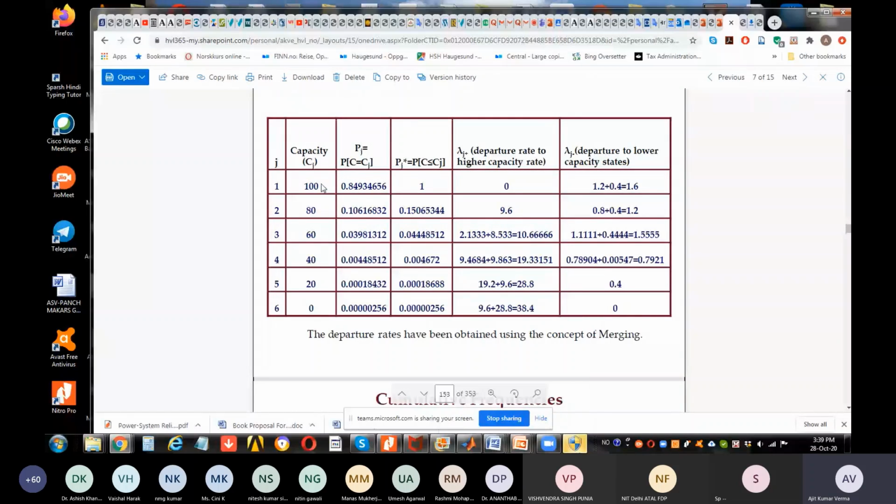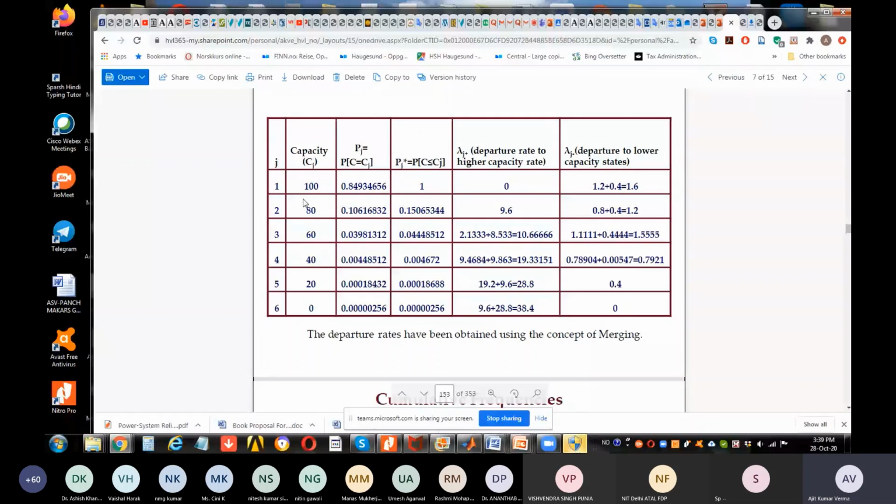And then to a lower state, that's 80. So 100 to 80, departure to a lower state. But 100 to 80 if the 20 unit fails, and if the 40 unit fails, it goes to 60. So there are 2 departures to lower state. One is to 80 and one is to 60.